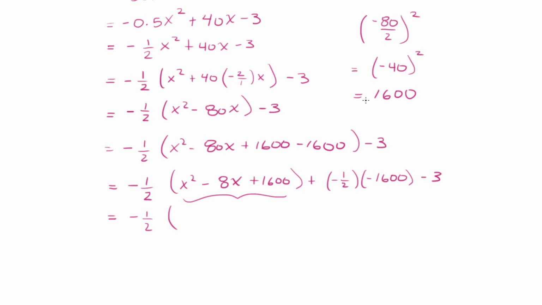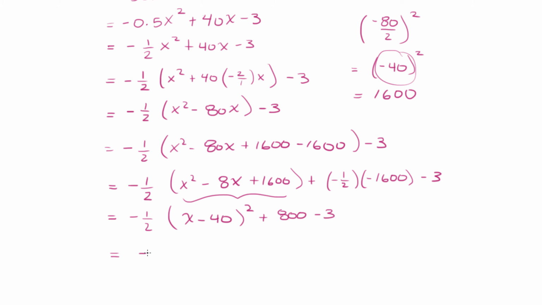These three terms factor into b over 2, which is x minus 40 squared. Negative 1/2 times negative 1600 is positive 800 minus 3.